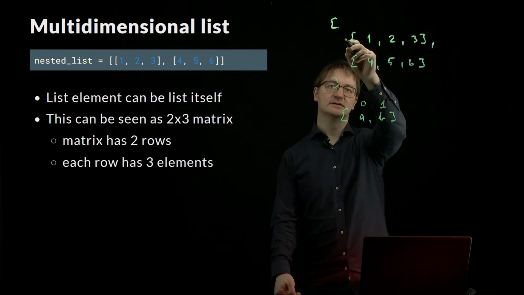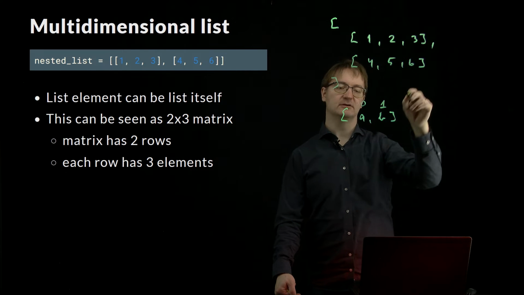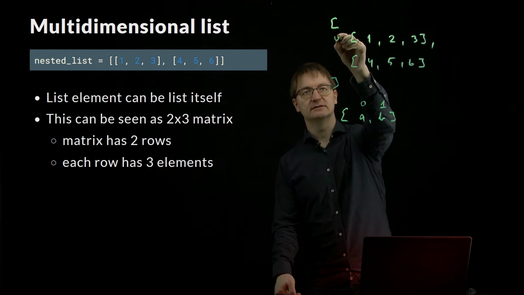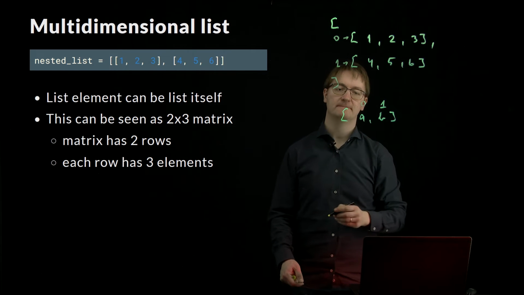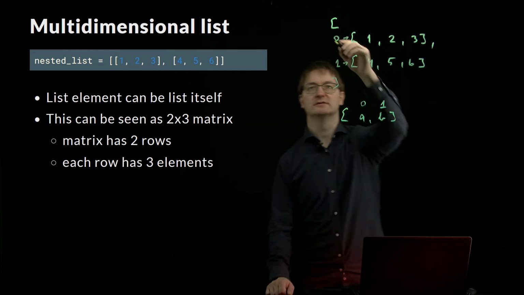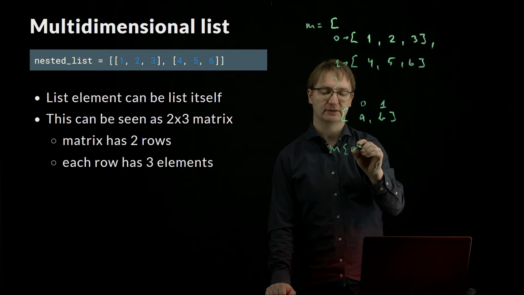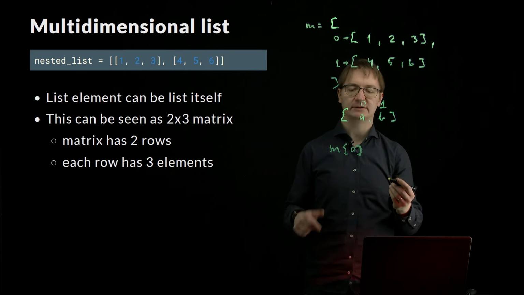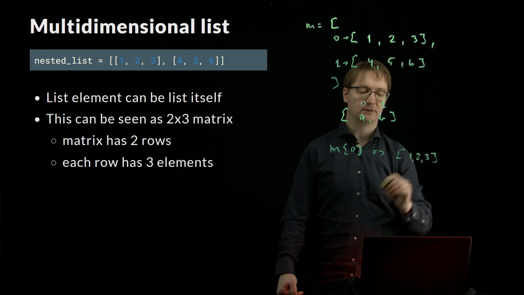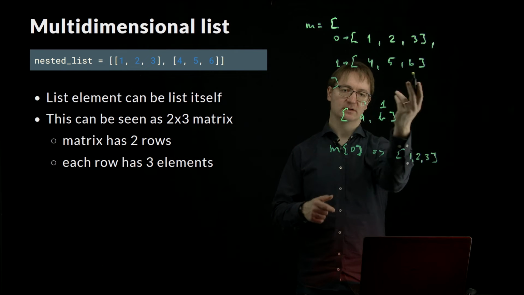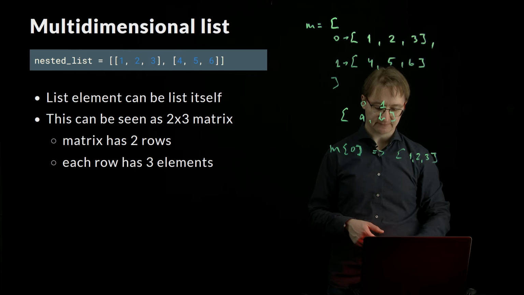This is the first element, A, and this is the second element, P. So if we would like to get, let's say it's a matrix M, the first element of M, then we will get a list. And also if we would like to get the second element or the second list, we can just use index 1 here.